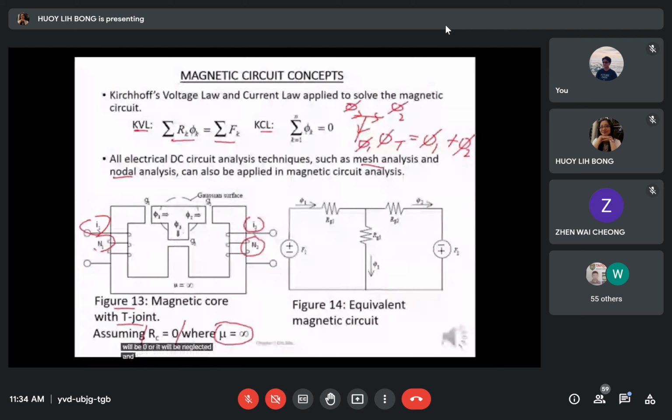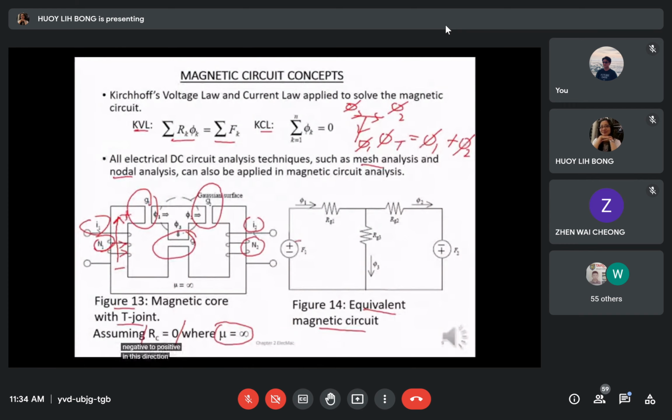From the diagram, we can draw the equivalent magnetic circuit as seen from the coil N1. Using the right-hand rule, flux will flow from negative to positive in this direction.